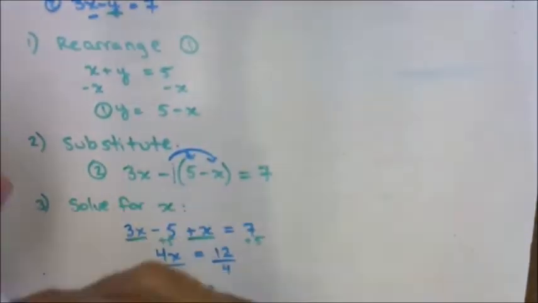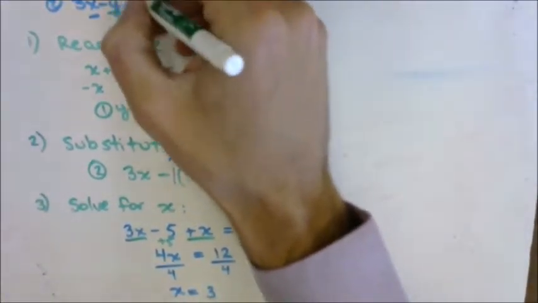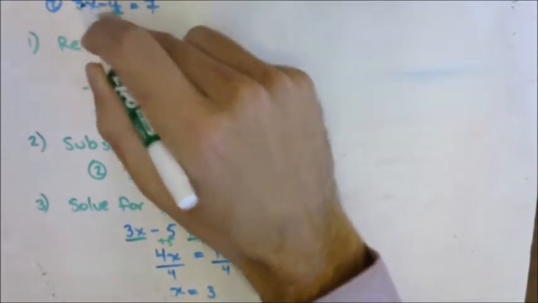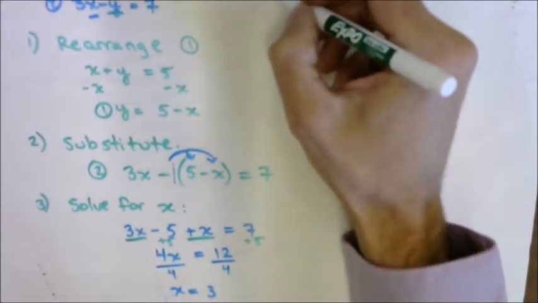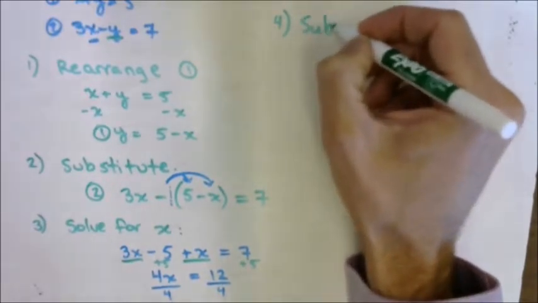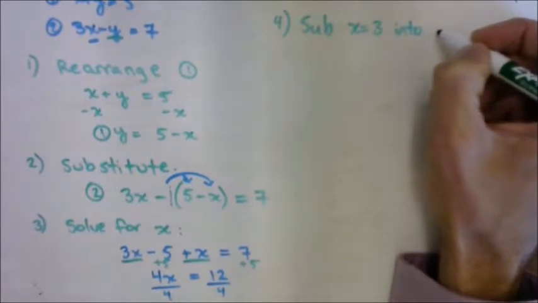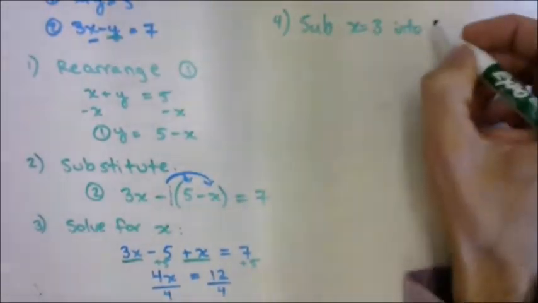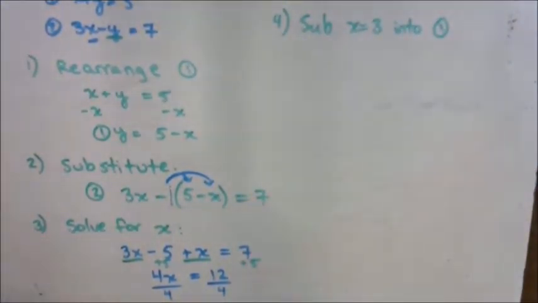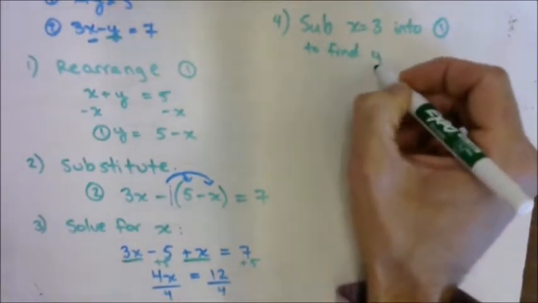So step 4, I just need to substitute x equals 3 into one of my original equations first. So step 4, sub x equals 3 into, let's pick equation 1 because it looks prettier. It's easier to work with, to find y.